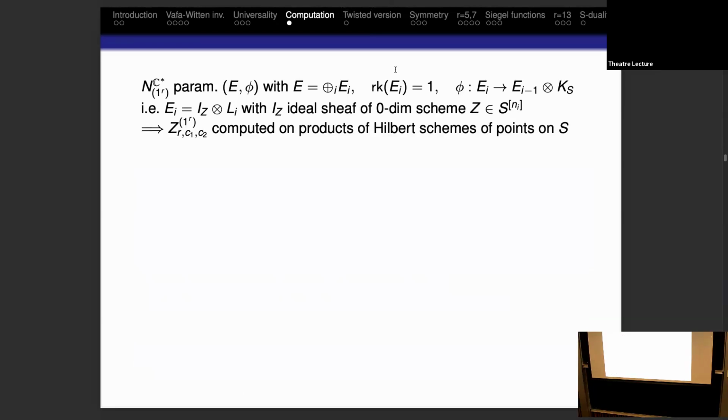Okay, so now I want to say just a few words about how one computes such a thing. I say it first for these vertical ones. In this case, the vertical moduli space parameterizes (E, φ), where E is a sum of rank 1 sheaves E_i, and φ is given as a map from E_i to E_{i-1} tensor K_S.